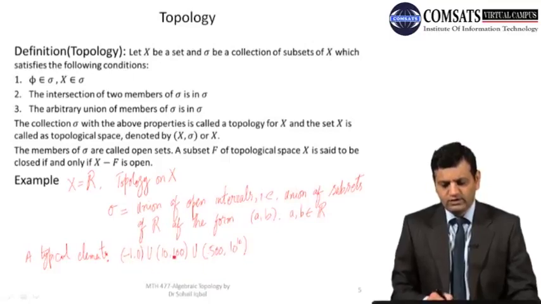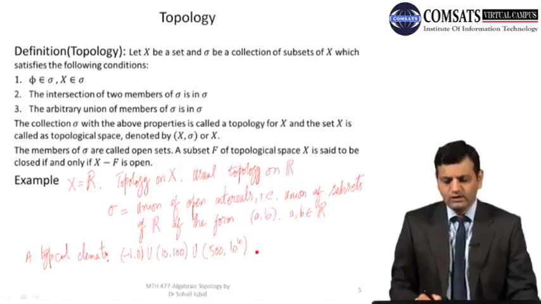So it's a union of 3 open intervals. So this is a typical element of this topology. This topology is also called the usual topology on R.